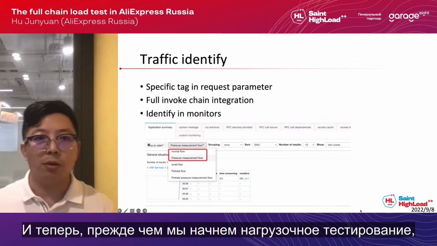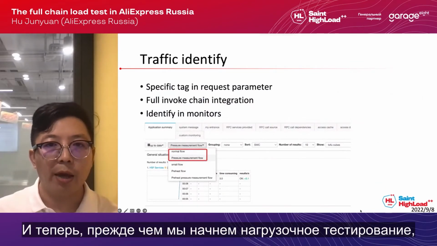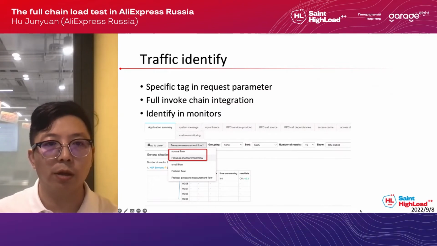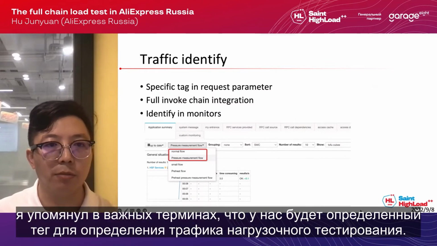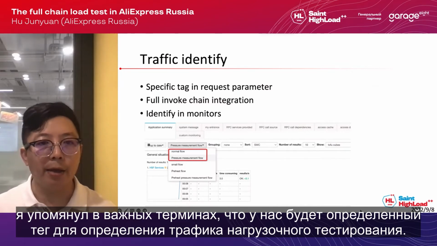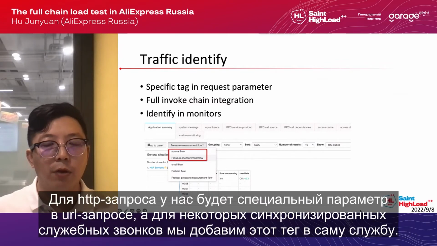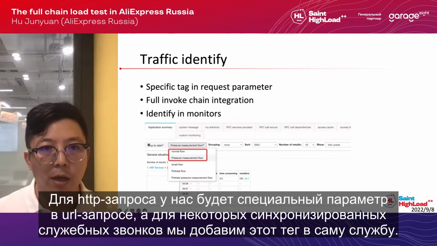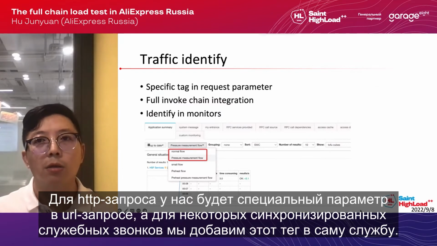Then before we start the load test, as I mentioned in the important terms, we will have a specific tag as the load test traffic identifier. For the HTTP request, we will have a special parameter in the URL request. And for some synchronized service calling, we will add this tag in the threads.